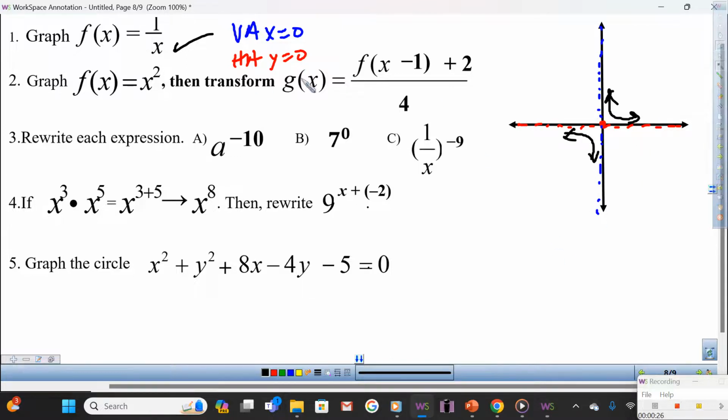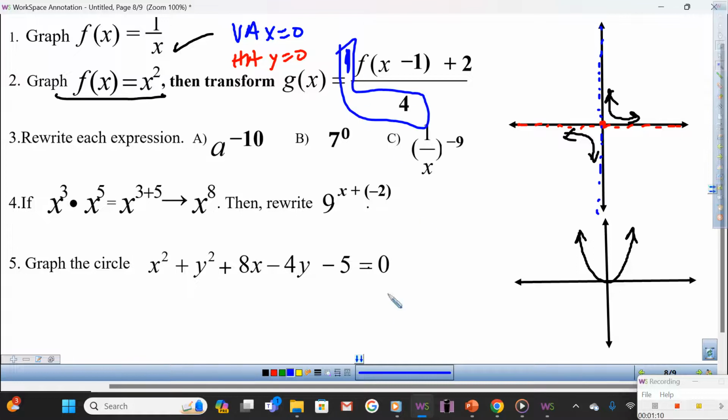Next, number 2, graph f of x equals x squared. Here it goes. There it is. Next, rewrite this. Remember, there's an invisible 1.